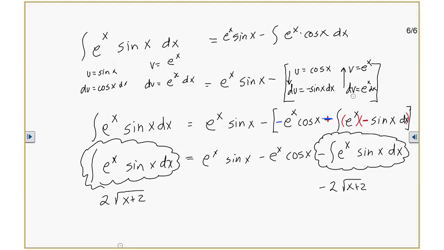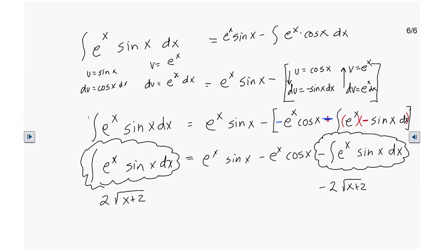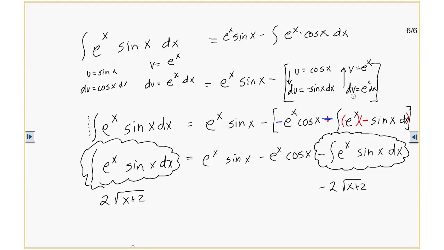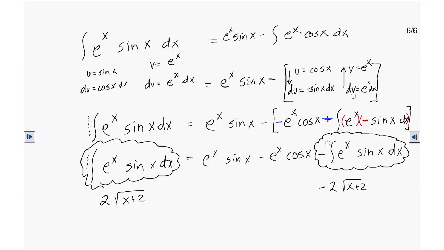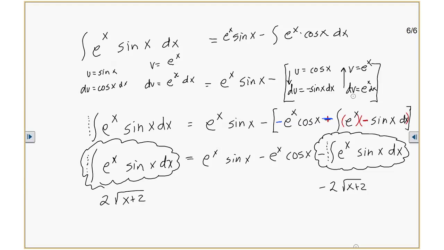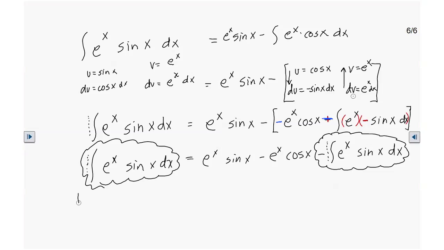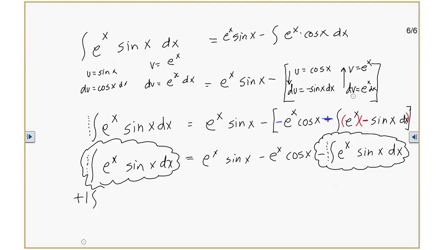Same thing with the antiderivative. What's in front of this antiderivative? The negative 1. What if I brought that over here? It would turn into a positive 1.